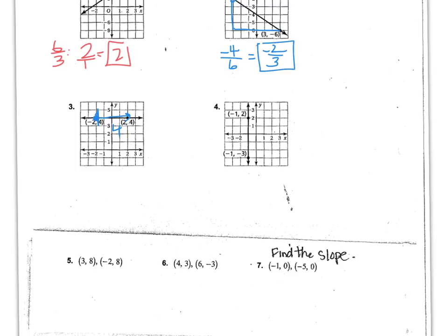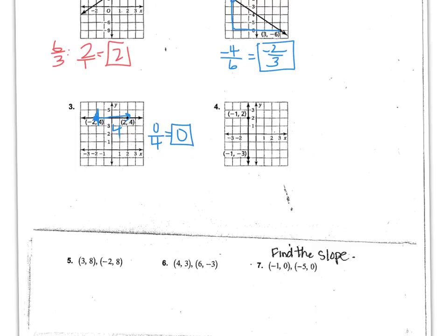So my vertical change was 0. My horizontal change was 4. So you can say 0 over 4 if you're like beginner level, but the better answer is 0, the number 0. And you should remember, if you don't, here's a memory, that when we did slope, we said horizontal lines have a 0 slope.